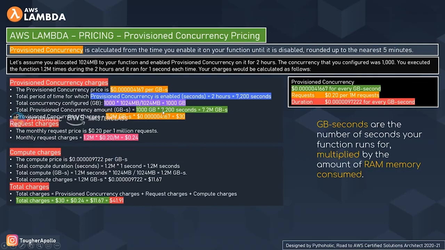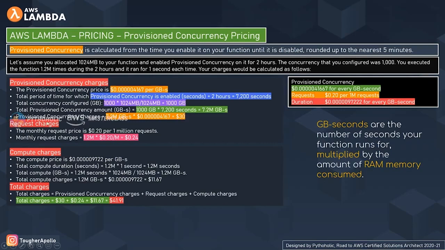So 1000 GB multiplied by 7200 seconds is 7.2 million GB seconds. Now the provisioned concurrency charges will be 7.2 million GB seconds multiplied by 0.0000041667, which is the default provisioned value. That comes to around $30.